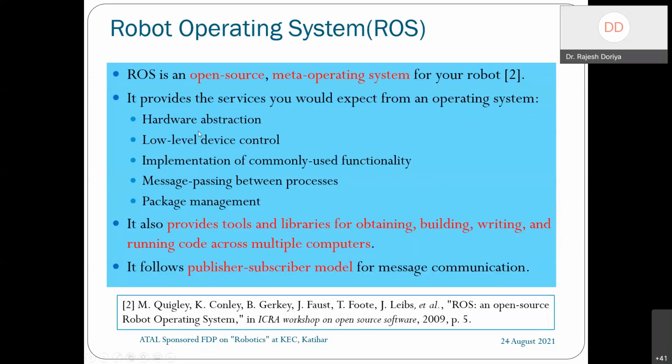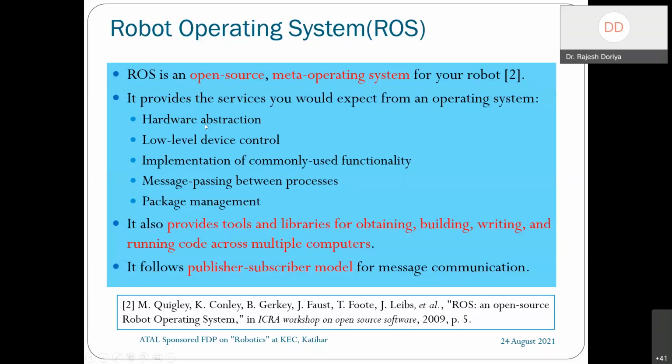Just to recall, robot operating system is an open source meta operating system especially designed for robots, and it provides a number of functionalities. For example, hardware abstraction.